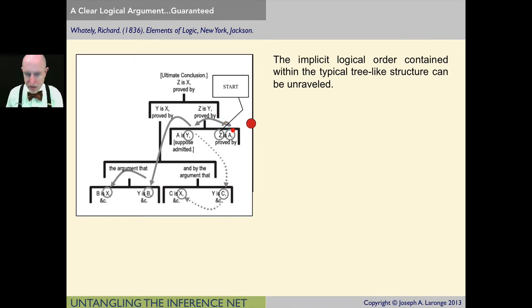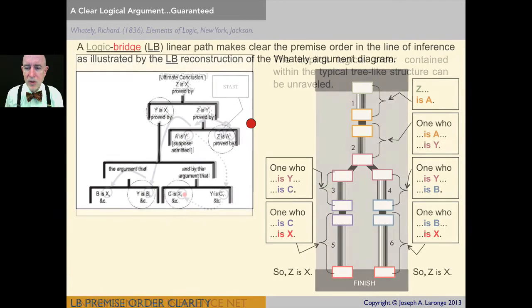Z to A. The A goes to the Y. The Y goes to the B. B goes to the X, and there's also a branch that takes off the Y to the C, and the C to the X. So it's in there. If you pull apart the pieces, you can find the order.